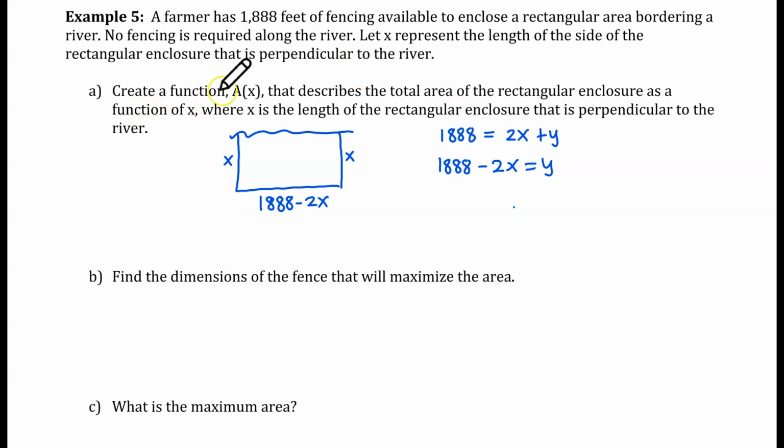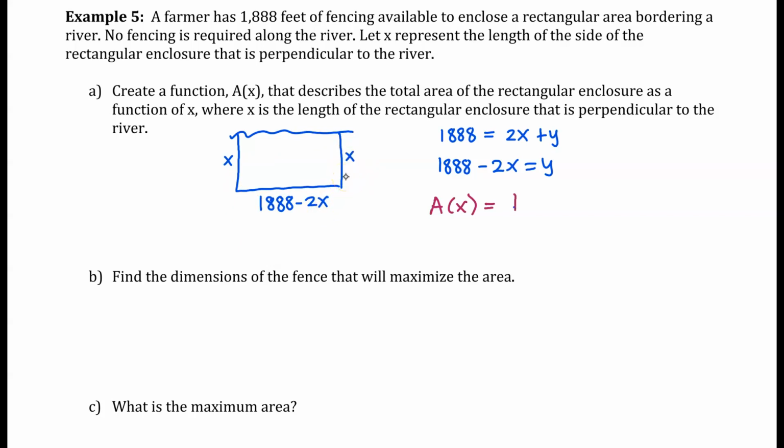Now, to find A of X, so now we want to find our area function. So if you recall, the area of a rectangle is just length times width. So that means you're just going to multiply the sides. So we have this side here times this side.